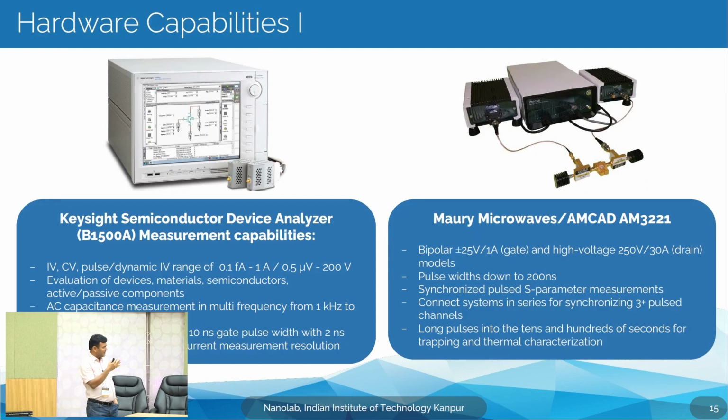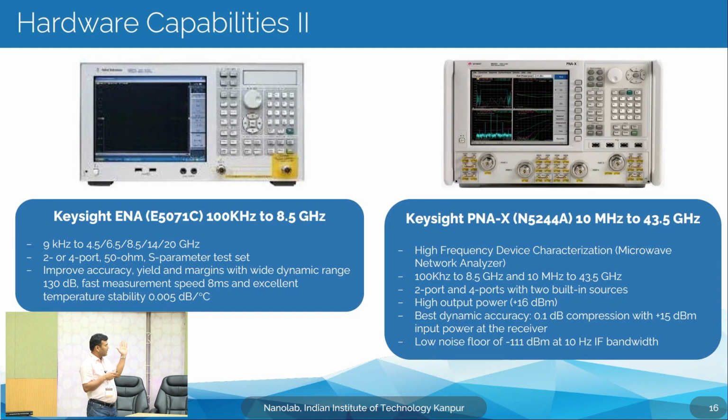We have all the hardware required for GaN characterization. For CMOS we have B1500A, we have a PIV system from MCAD, and we have two VNAs, one for low frequency, the other for high frequency.